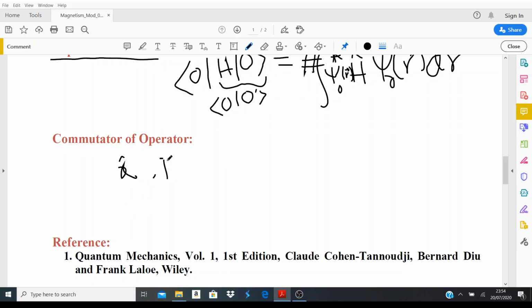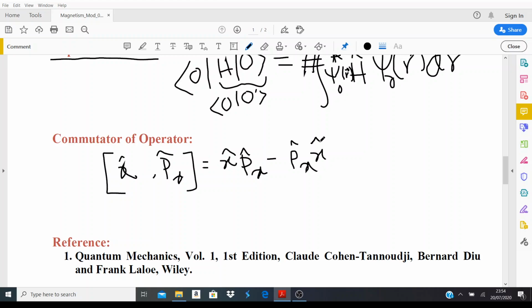And we have another operator which is the px, the momentum along x. That's also an operator, right? And the way we define this is that you put the operators in this order first, and then you put the reverse order, right? That's how we define a commutation relation between two operators.